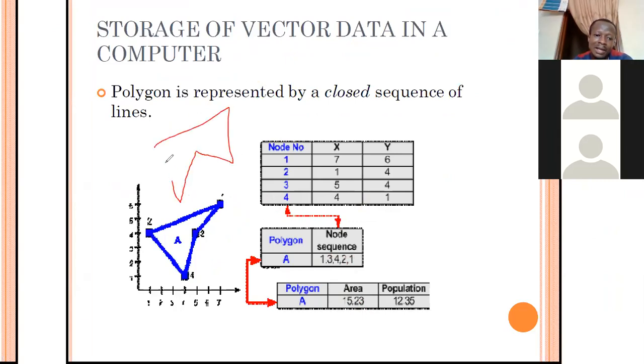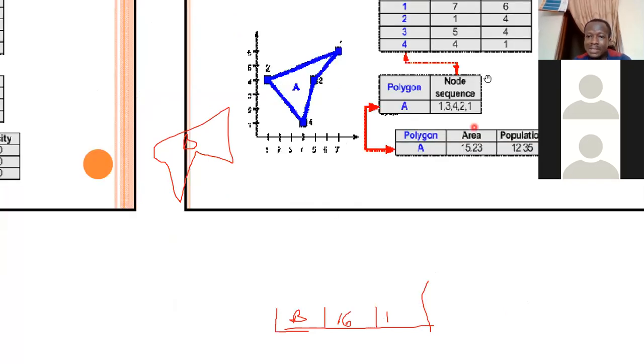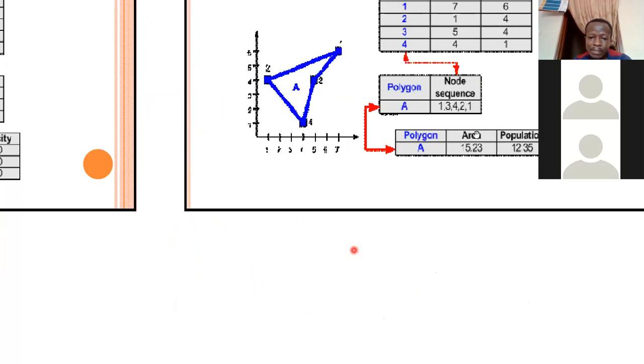If this were polygon B, I could continue from here and write B, give it some values, and on and on. I can have so many of them in one layer. So that is the idea of storing vector data in GIS, or that is what vector data is about.